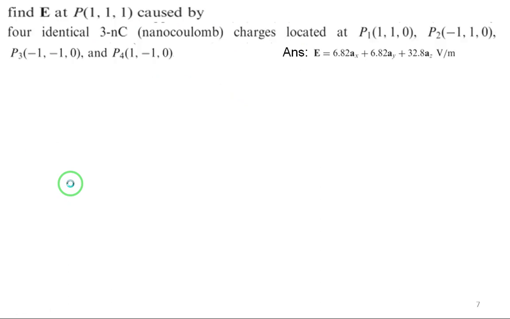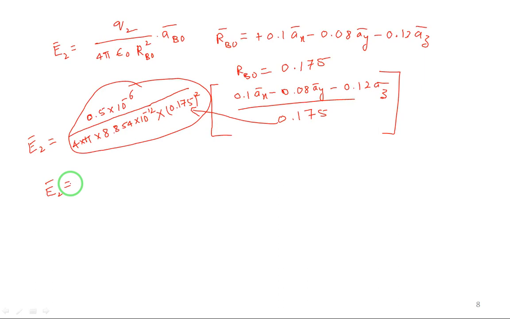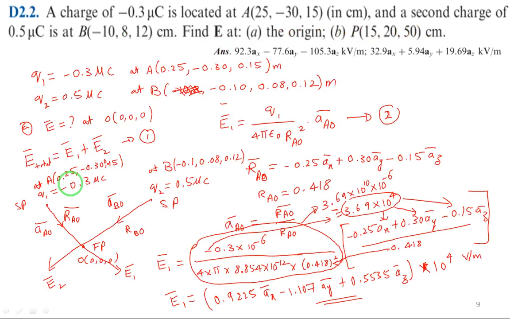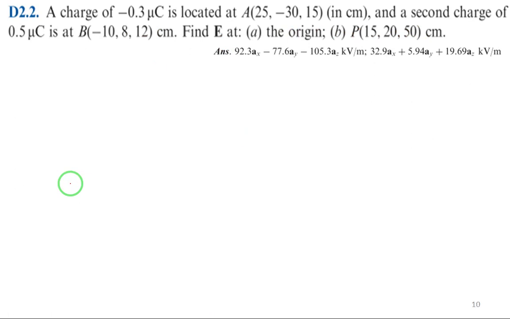I think I have made a mistake here in the previous step, because while dividing, this 10 power minus 12 exponential I have taken. I should not have taken this, because I will take care of that later. Let me verify later. The slight mistake has happened here, let me check it later, because 10 power minus 6 is there. Okay, no, not a mistake, it's correct only, no problem.